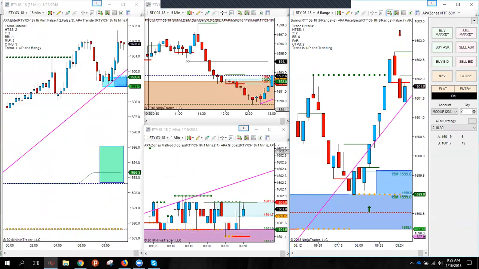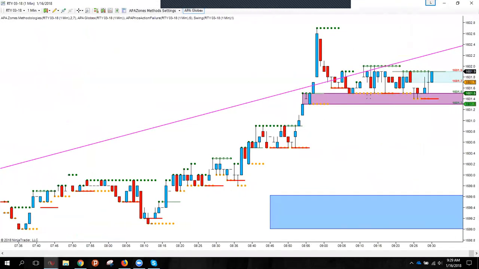But as you can see on my 1 minute chart, price has been choppy since, well, basically since 9 o'clock. It hasn't been trending. So we'll see what happens at the open.